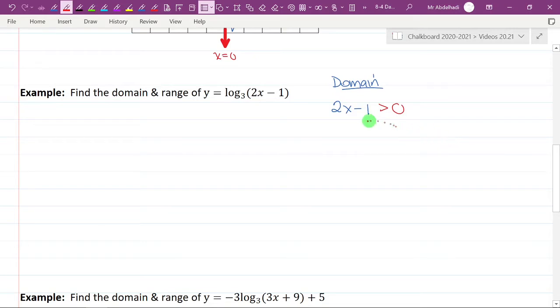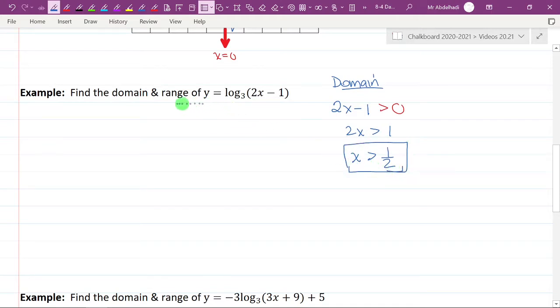Once again, you're going to add 1 to both sides and get this. You're going to divide both sides by 2 and get this. So you notice the difference is that this is x is greater than 1/2 but not equal to. So any answers that you get if you solve an equation better be greater than 1/2, not equal to 1/2 or less than 1/2. Okay, so there's the domain.